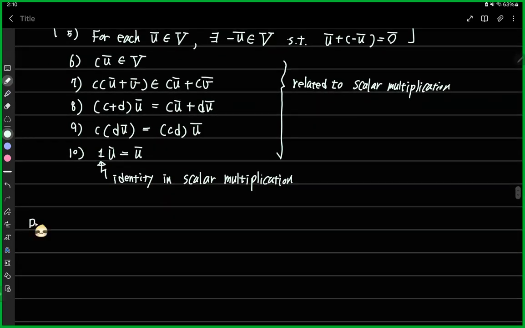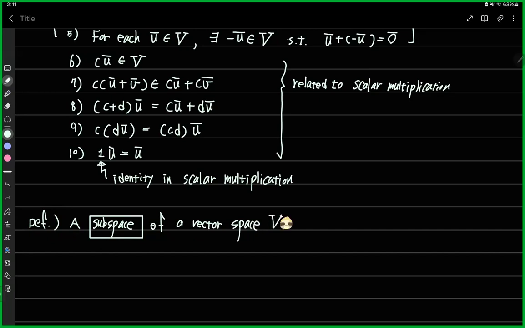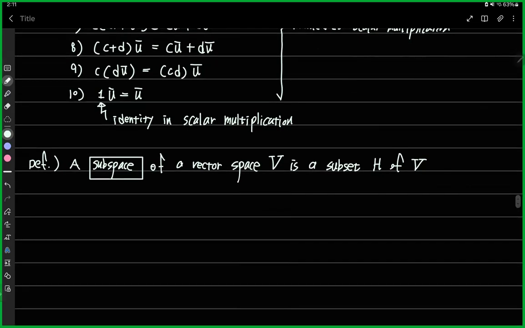Okay, so now the next definition is the subspace. A subspace of a vector space V is a subset H of V. So a subspace is a subset of vector space V that satisfies these properties. There are 3 properties.